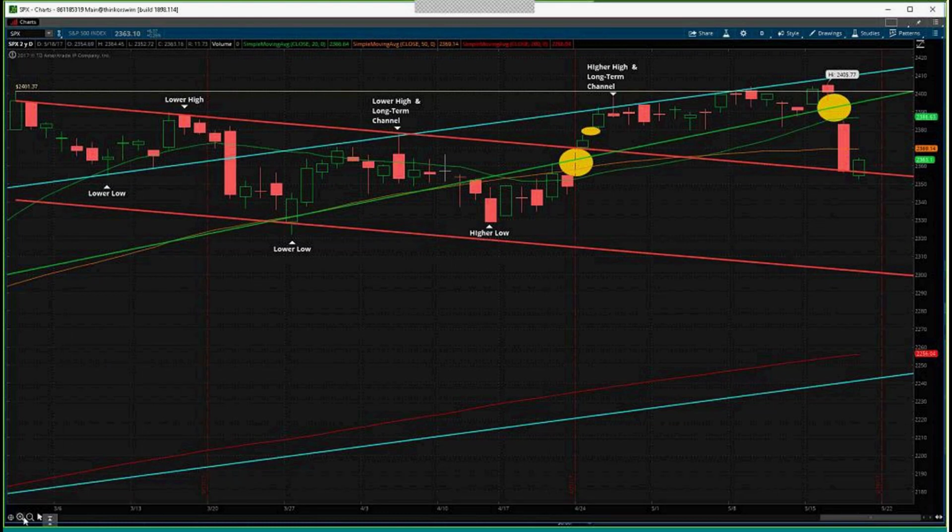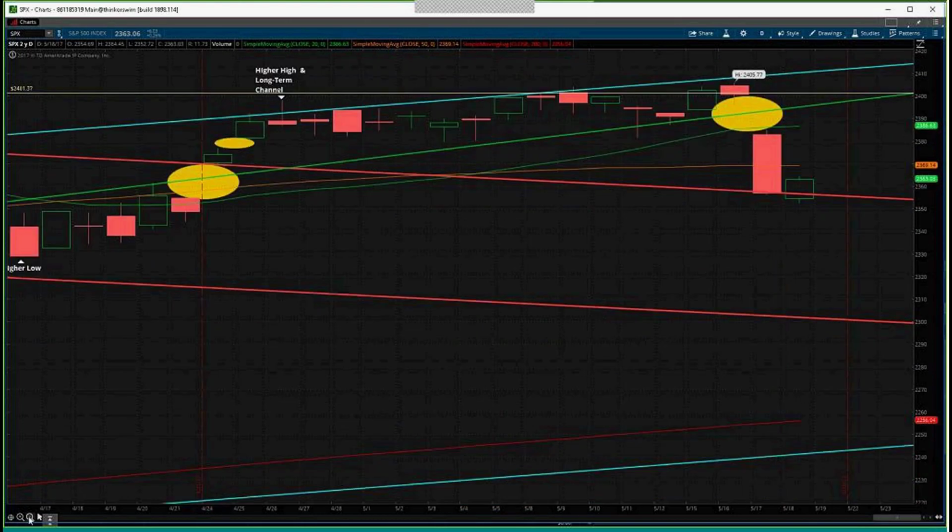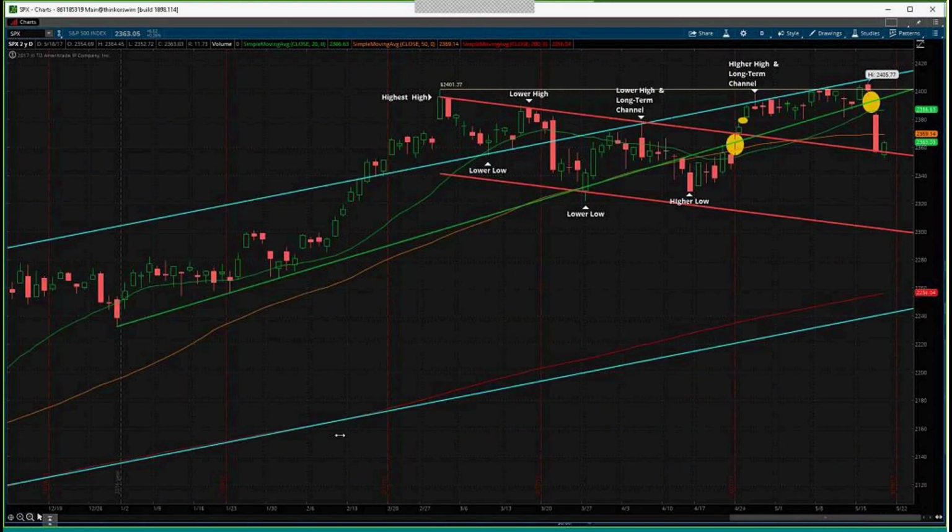If I go back further, you can see that this slow area over here, we did break through it, and then we ended up coming back. So, again, I took a look at 2350 to 2325 as a more difficult area to pierce unless we had significant news that would drive us down.